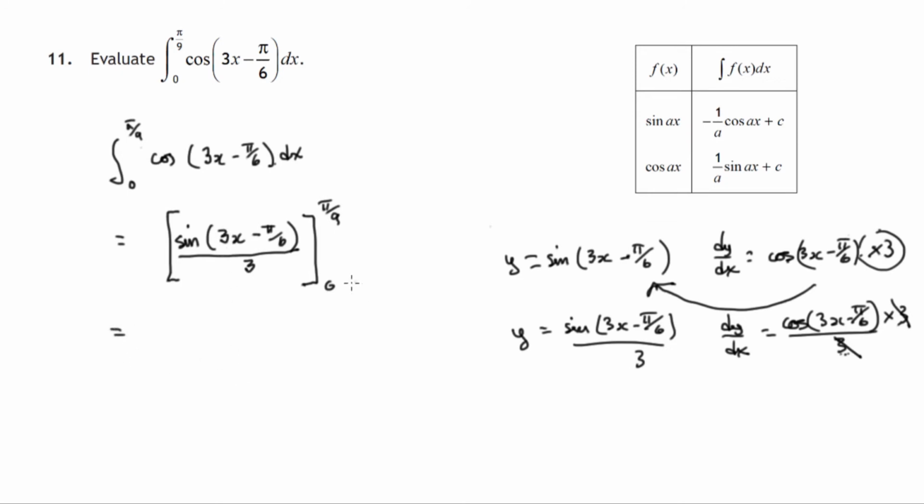So there we are. Now, what do we do with these limits? Well, we put x equals pi upon 9 in that expression, and then we subtract, and we put x equals 0 in that expression. So pi upon 9 in there, we've got sine of 3 lots of pi upon 9.